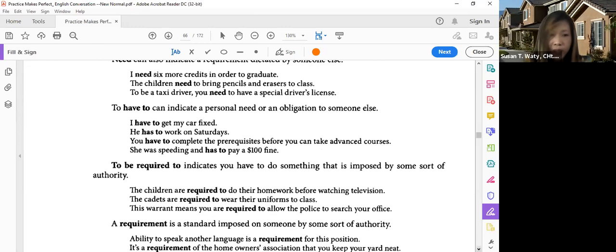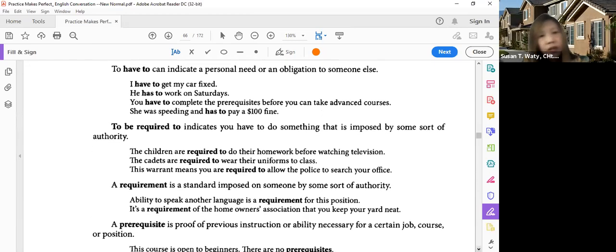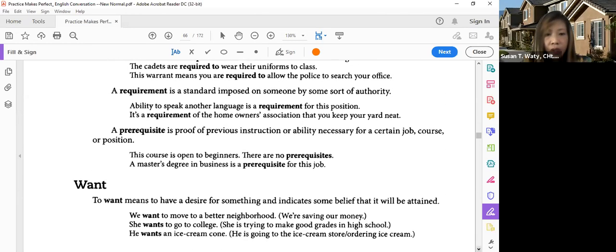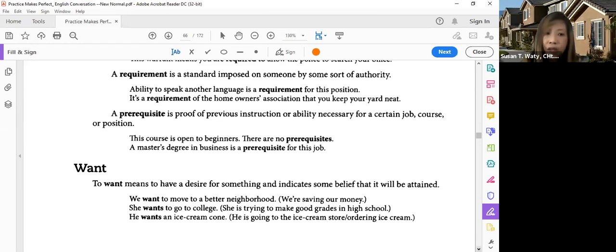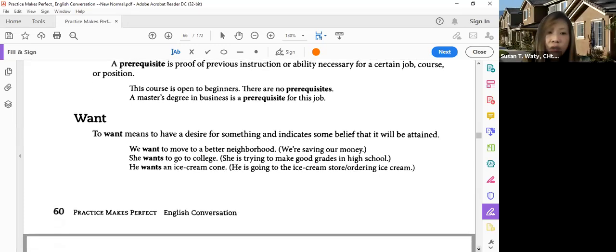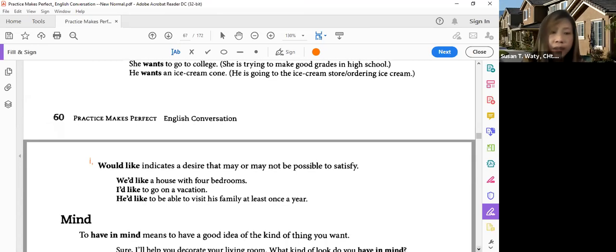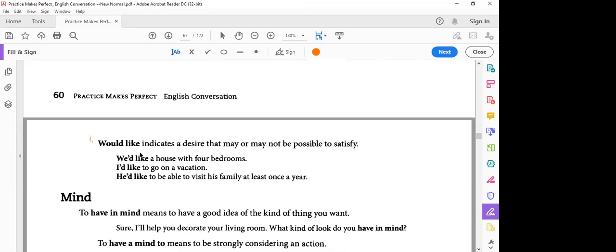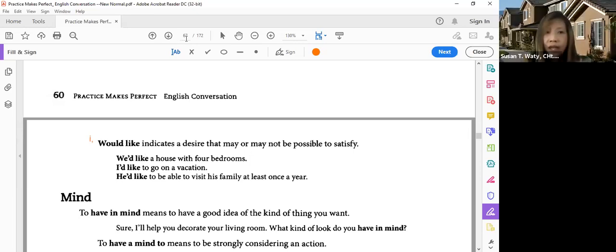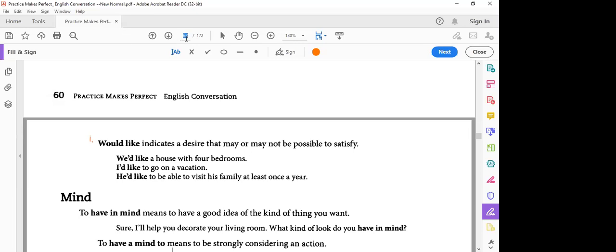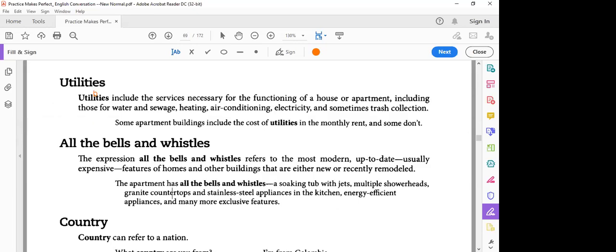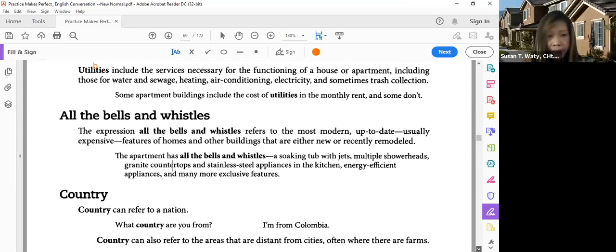Okay, we want, desire for something. You can use that. Another word for a desire for something is would like. Do you see this, Eva? Yes. Okay, so we can use either way. Okay, thank you, Eva. You're welcome, Miss. Okay, perfect. Let me pull that first. 69 again. Let's try to finish this.